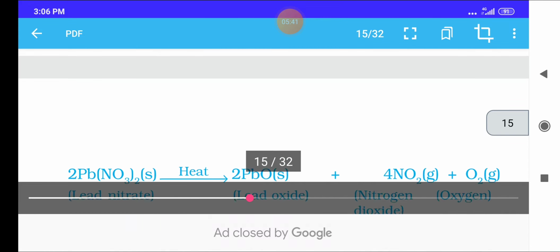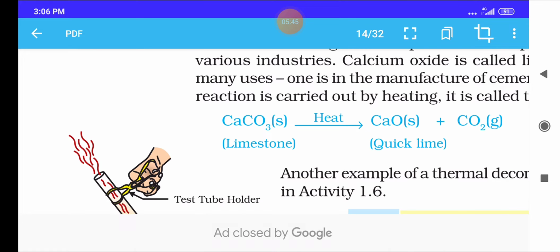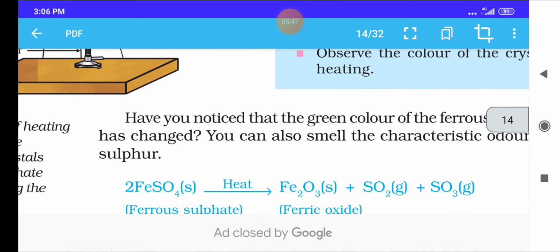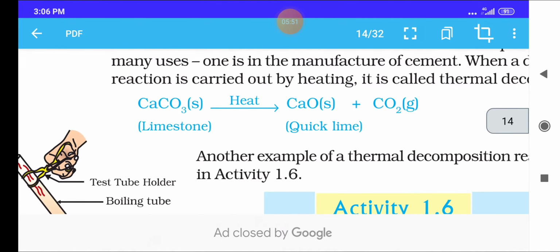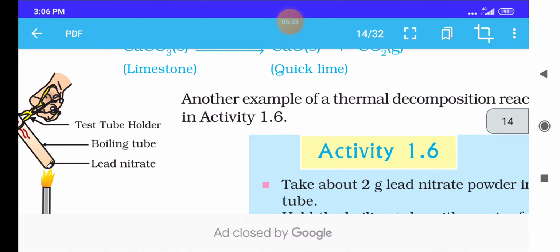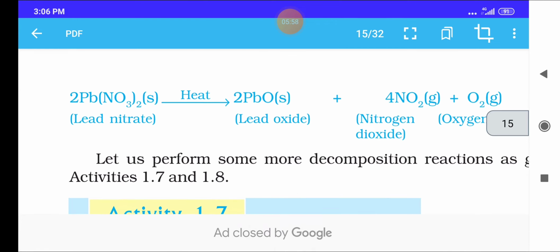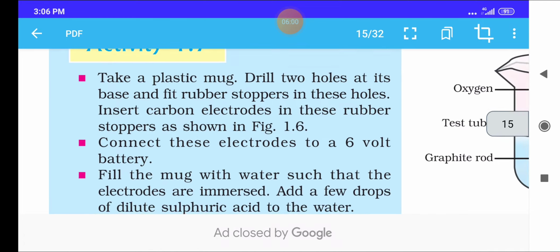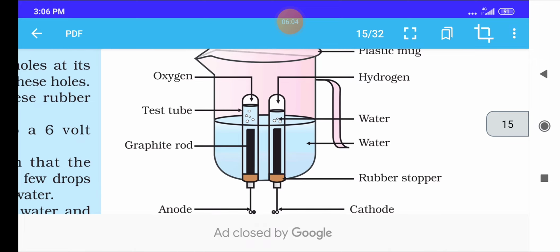You can see again that calcium carbonate will liberate carbon dioxide, iron sulfate, metal sulfate will liberate sulfur dioxide, carbonate converted into carbon dioxide, sulfate is to sulfur dioxide, nitrate is to nitrogen dioxide, and metal oxide. Now the electrolysis of water.